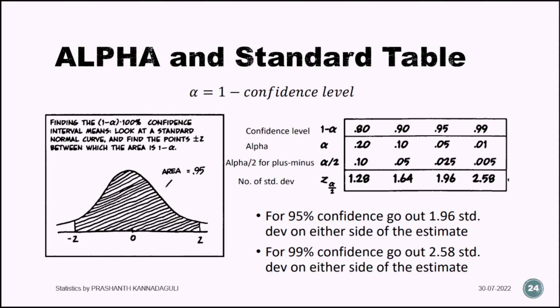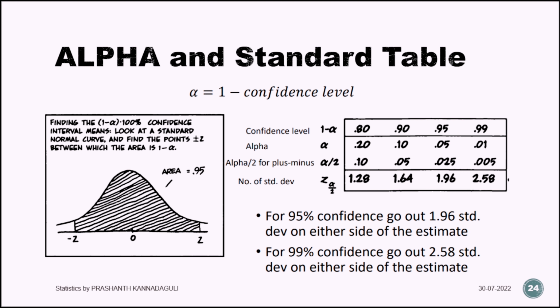That's what we call alpha by 2. It's again because of the plus and minus, which is why alpha by 2 is written here. So you can see this is 0.025, half of 0.05. Everywhere, whatever is the alpha value, alpha by 2 is considered on each side.